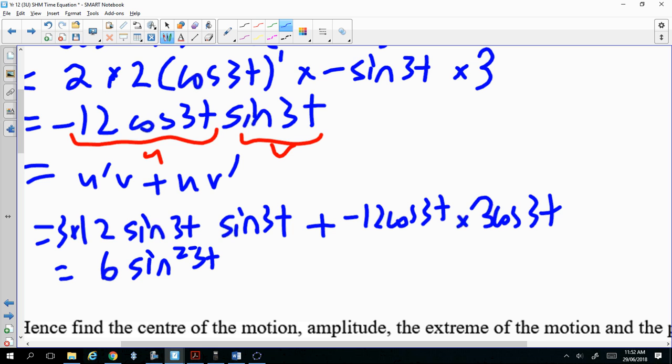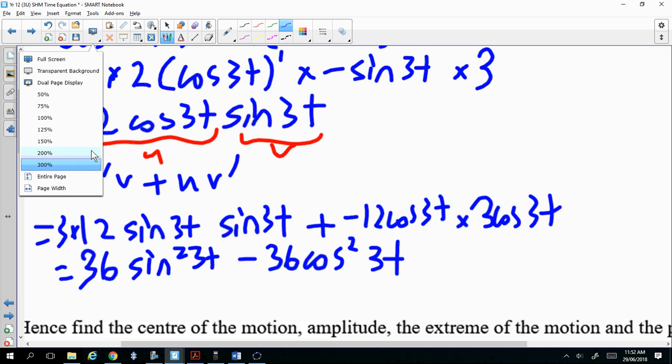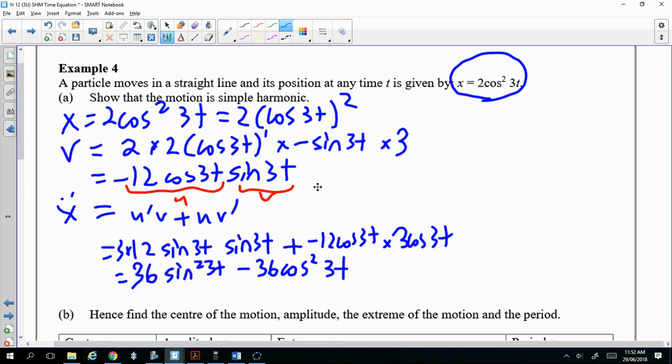Now, this is going to be a bit more challenging to write in terms of x, because x is 2 cos square 3t, isn't it? So what you need to do is change the sine square into a cos square, right? Which is 1 minus cos square 3t, using the trigonometric identity, minus 36 cos square 3t.